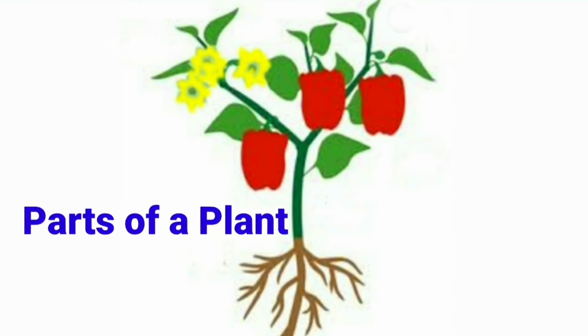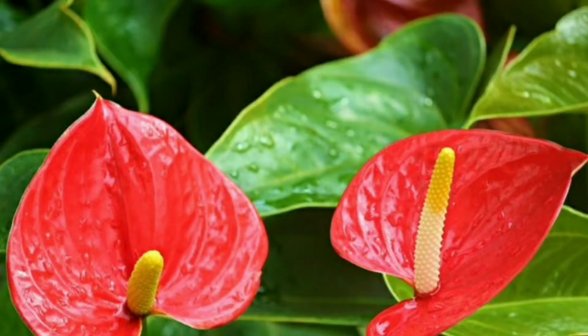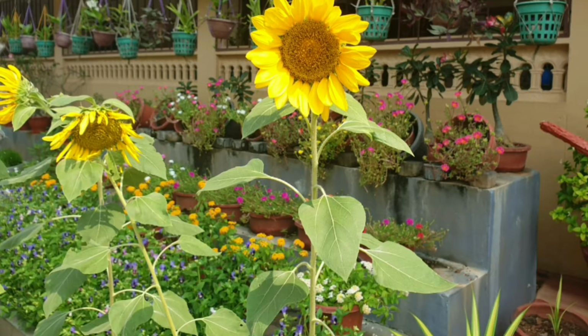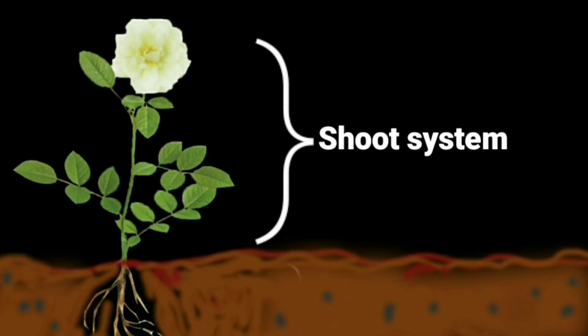Next, we are going to study about the parts of the plant. Dear children, what makes a tree stand upright? Yes, it is the shoot system of the plant. The part of the plant which grows above the soil is called the shoot system of the plant.